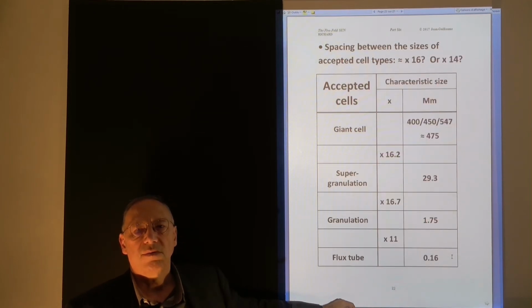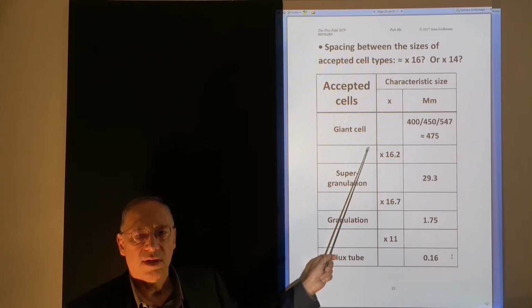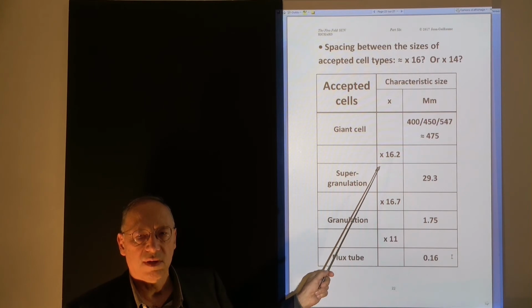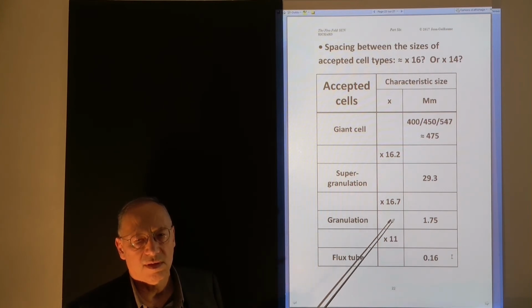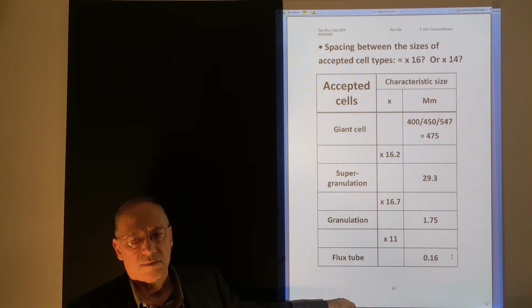The spacing between the sizes of accepted cell types seems to be of the order of 16 times or 11 times. You see, from giant cell to supergranulation divided by about 16, again from supergranulation to granulation divided by about 16, and here from granulation to flux tube only divided by 11. However, we are not very well informed on this value.